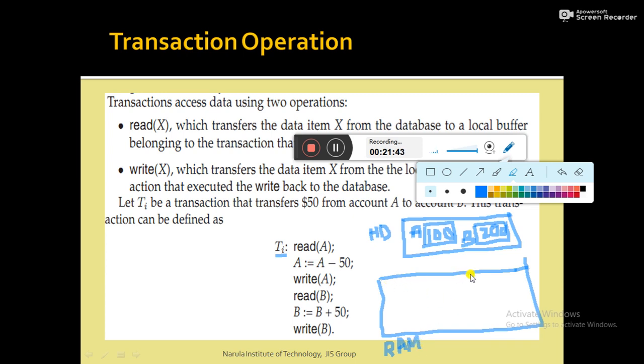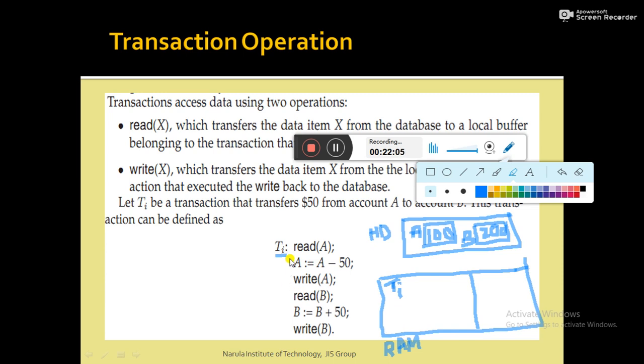Say this local buffer is allocated to transaction Ti. So this part belongs to transaction Ti. So within the RAM, this local buffer is allocated for transaction Ti.